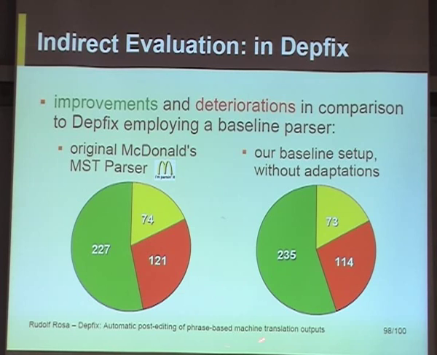And in both cases, using the adaptive parser turned out to be better, which we measured by the fact that the corrections in which the runs of DEPFIX differed were usually better in the adaptive parser case. So more than half of the sentences that differed between the DEPFIX with the adaptive parser and the DEPFIX with the baseline parser were better when we used the adaptive parser.